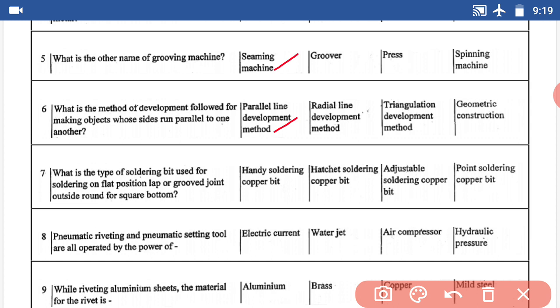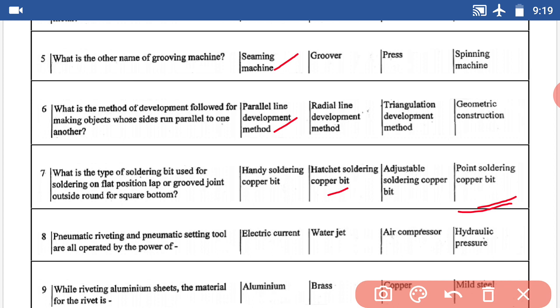The image shows a lap joint with one job and another job. So this is a lap joint position. The answer is gadget soldering copper bit. Option B is the correct answer.